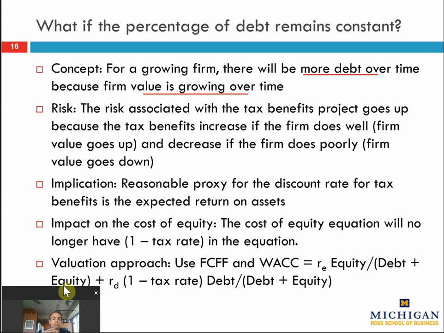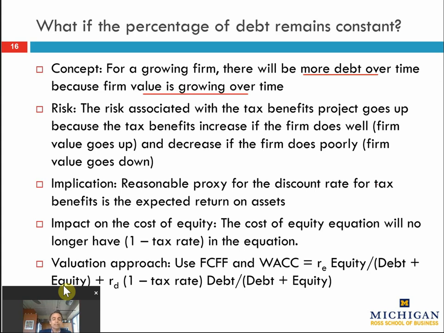When we had our constant dollar amount of debt, the tax deduction associated with that interest expense wasn't really shifting up and down each year as the firm's prospects went up and down. But if we're going to maintain a constant percentage of debt, the present value of these tax breaks is going up and down with firm value.